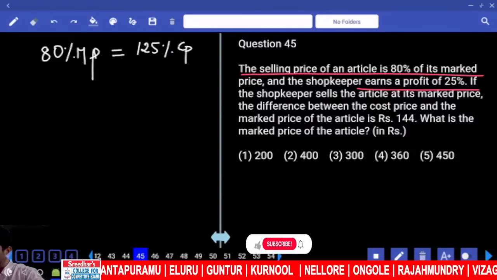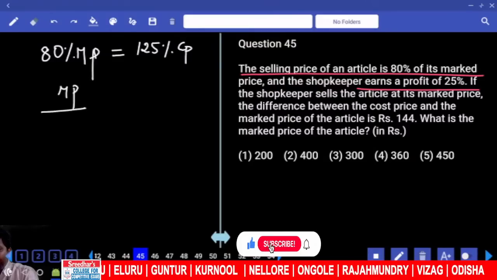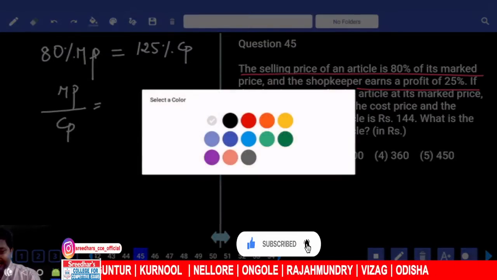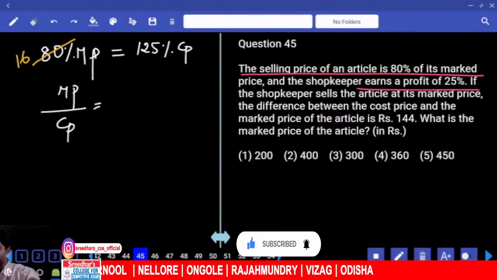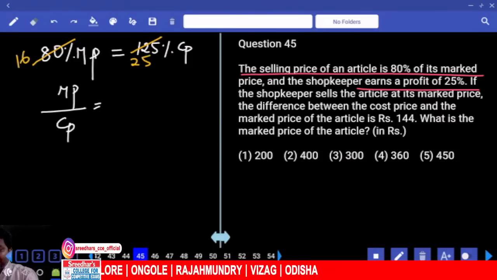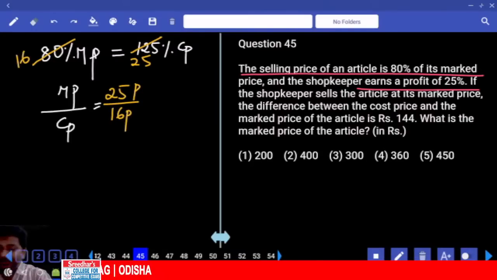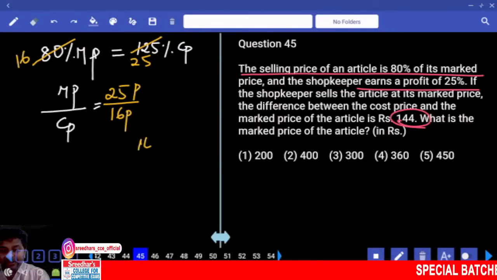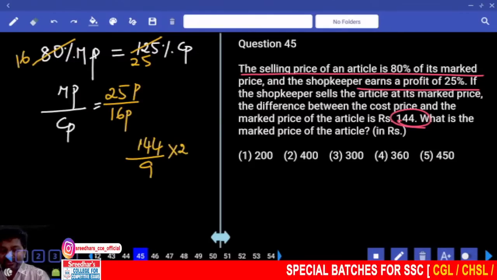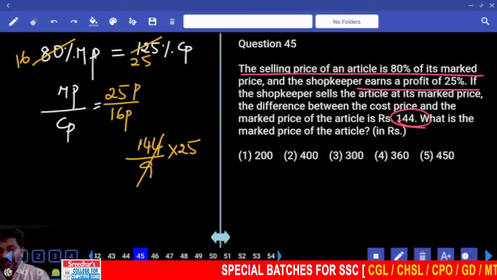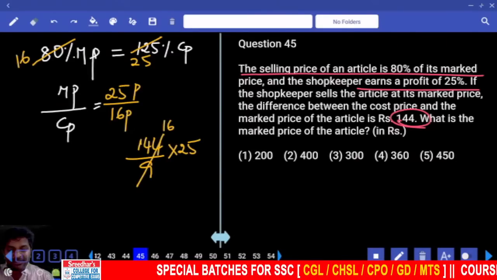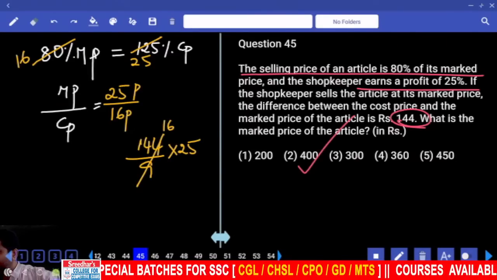Both are selling prices only. From this MP by CP is equal to cancellation with 5, 16 times, 25 times. So I'll write it as 25 by 16 in terms of number of parts. Difference between market price and cost price is 9 parts, which is equal to 144, then one part is equal to 144 by 9. Question is to identify market price, that will be equal to 144 by 9 into 25. 9 how many times? 16, 25 times 16, 400.